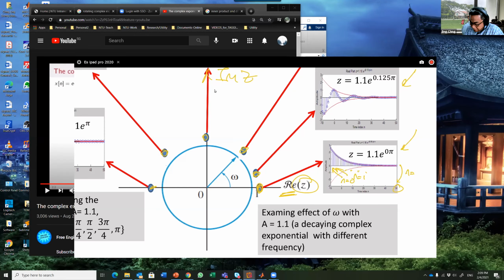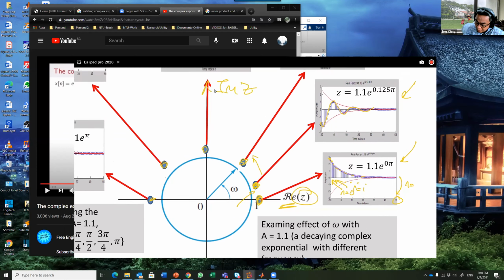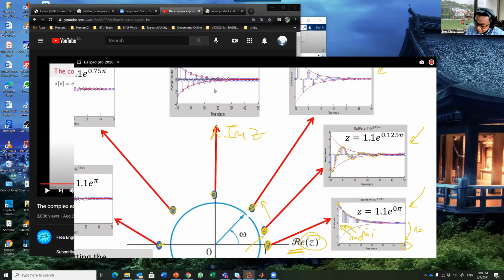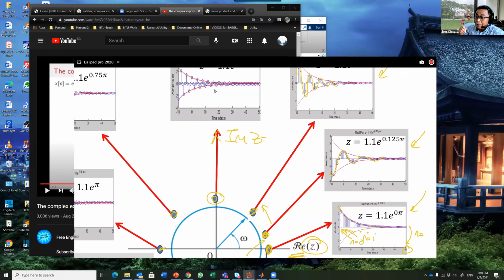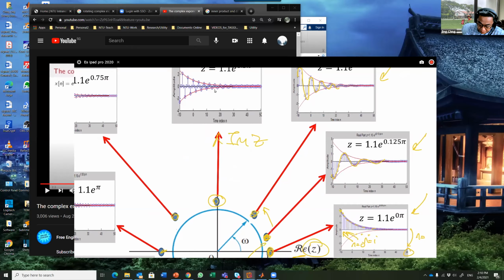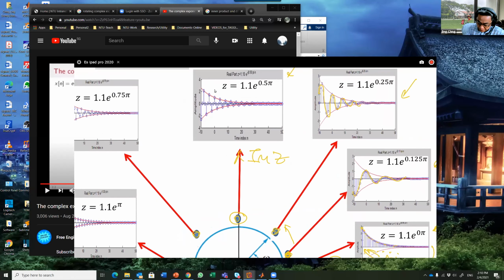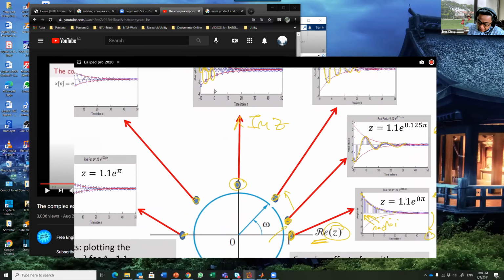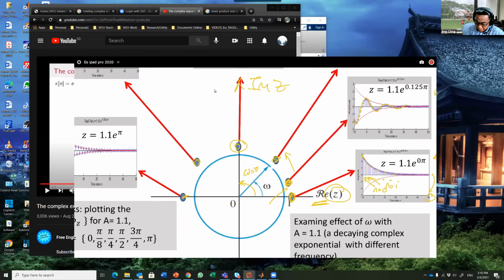Now you get different curves. Very interestingly, when you move up the omega, what happens is we get a sine wave, and we go up along another omega. What do you think happened? The sine wave becomes faster. When we go up here at pi over 2, every step he's making is 90 degrees. Remember guys, this is omega equals pi over 2.